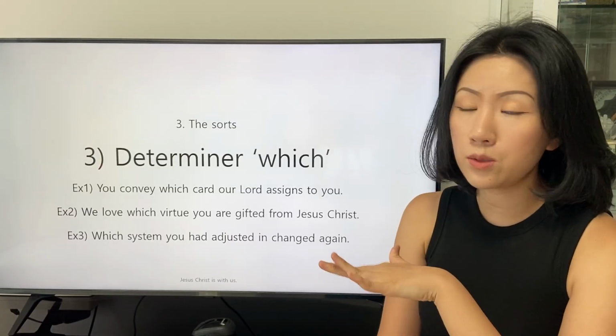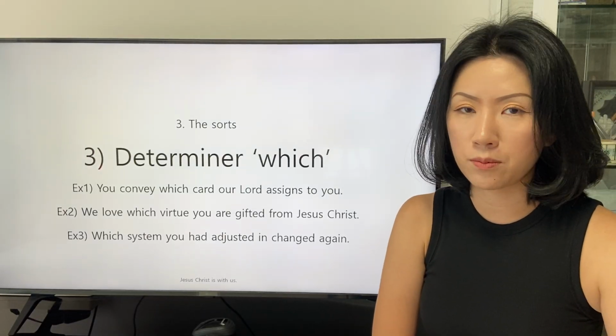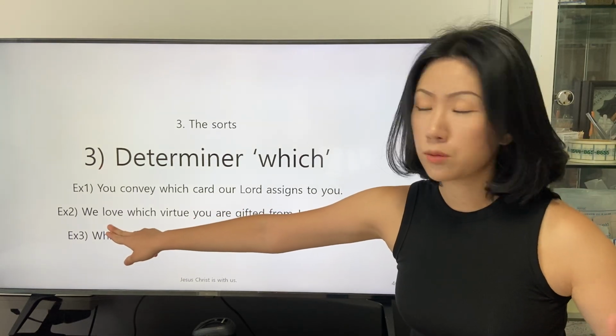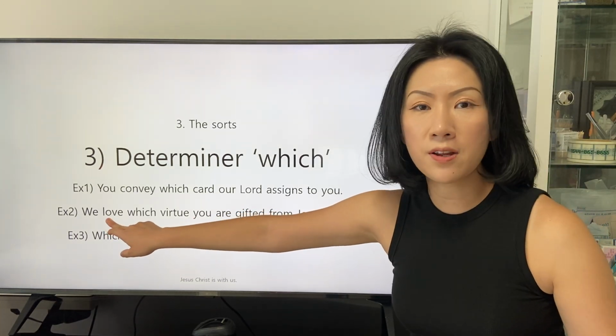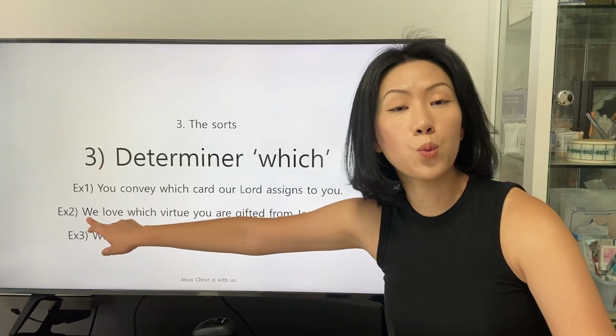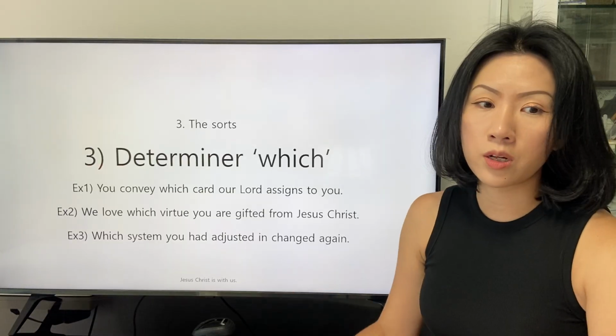In this sentence, we can find that the subordinate clause, which virtue you are gifted from Jesus Christ, is the object of the main clause to receive the definition of the transitive verb love from the subject we. And let's look into the subordinate clause.